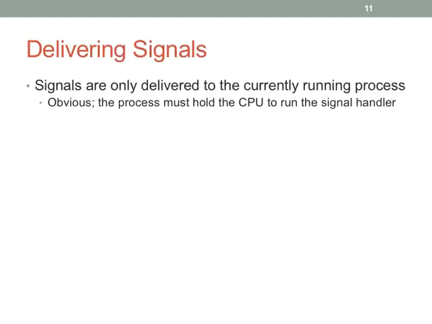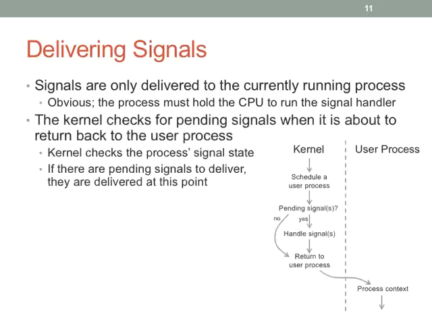When you need to deliver a signal, clearly that process that's receiving the signal needs to have the CPU. Because if it doesn't have the CPU, then we can't actually do anything on its behalf. So that's the reason for that. And remember that we typically have scheduled process switches.